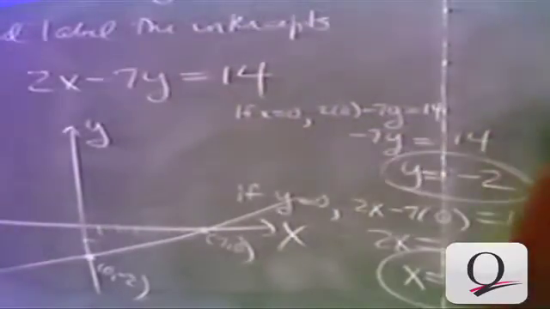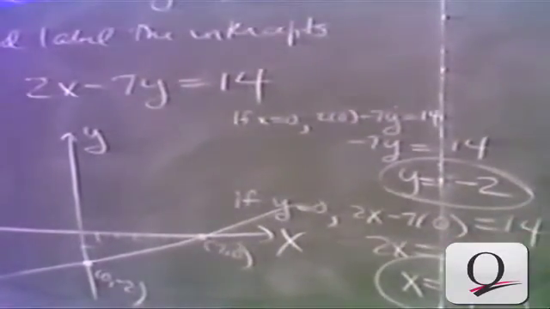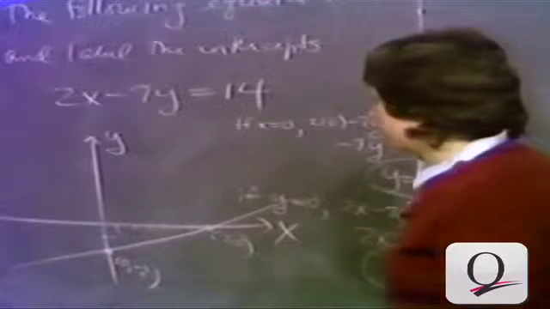So we set x equal to 0 to get the y-intercept, and y equal to 0 to get the x-intercept, and then we draw the straight line. Okay?